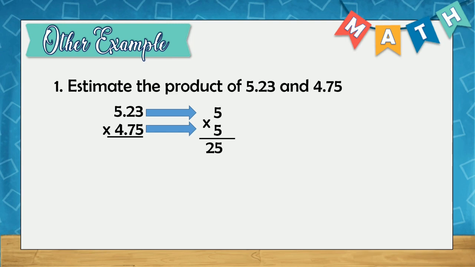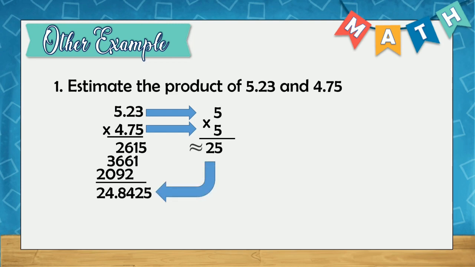So therefore, the estimated product of 5 and 23 hundredths and 4 and 75 hundredths is 25. If we are going to compute these numbers with decimals, we can see that our estimate is close enough to the exact or accurate answer.